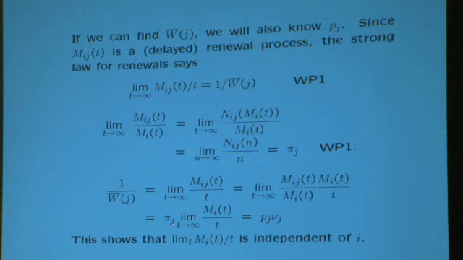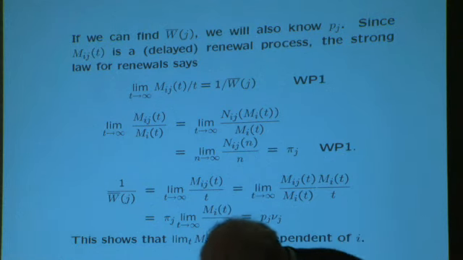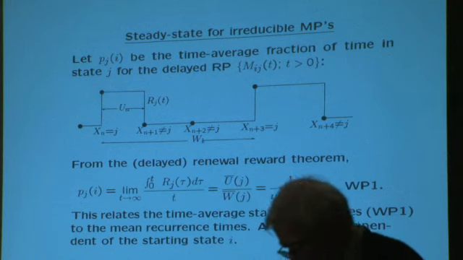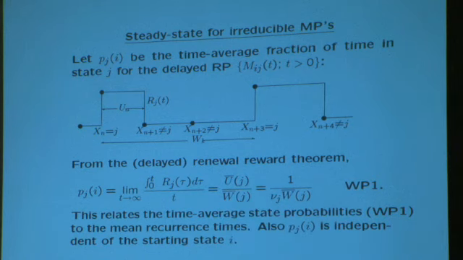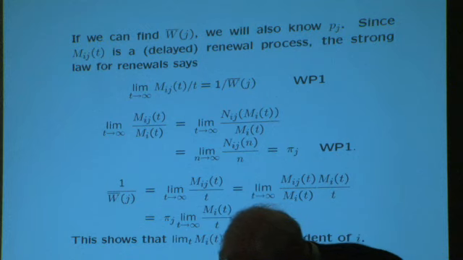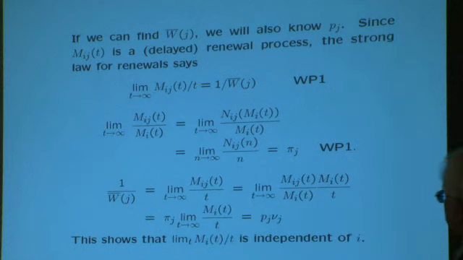This limit here is the limit of m sub i of t over t. And we have already shown that the limit of m sub i of t over t is equal to, somewhere we showed that. Oh, yeah. 1 over w sub j is equal to P sub j times nu sub j.